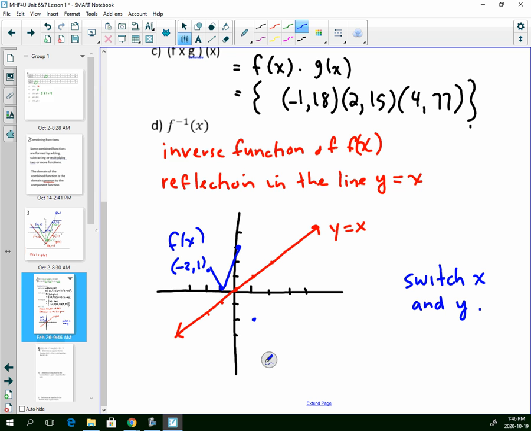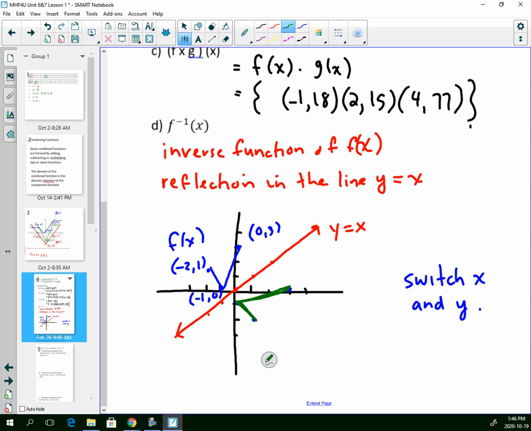That would be its reflection there. This point here at -1, 0 would become 0, -1. And this point here at 0, 3 would become 3, 0. And then the reflection would look like this.